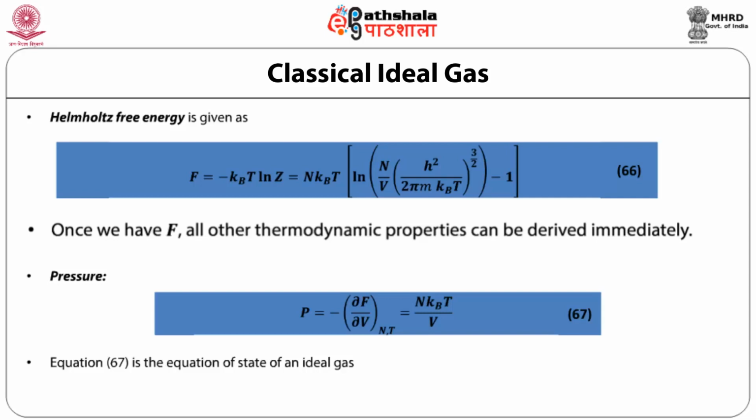Once we have F, all other thermodynamic properties can be derived immediately. For example, pressure P is equal to minus partial derivative of F with respect to V at constant n and T, equal to n k_BT divided by V. This equation is nothing but the equation of state of an ideal gas.